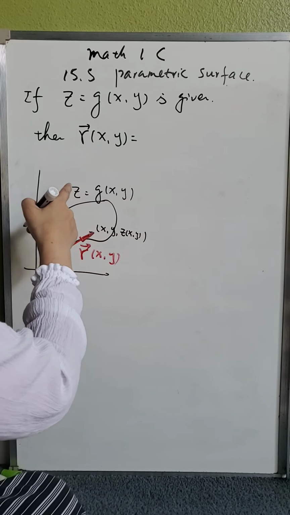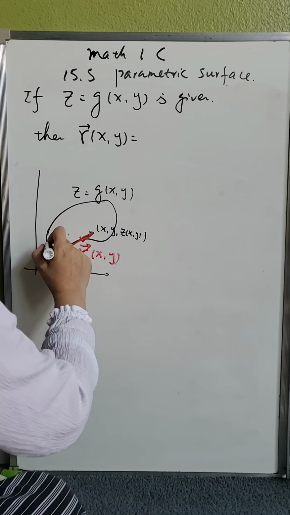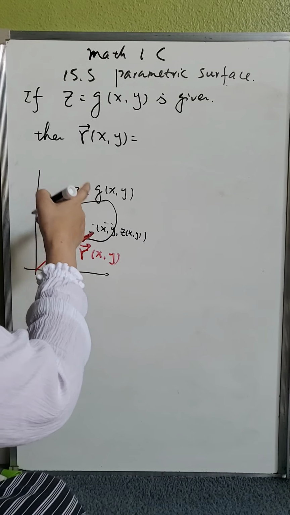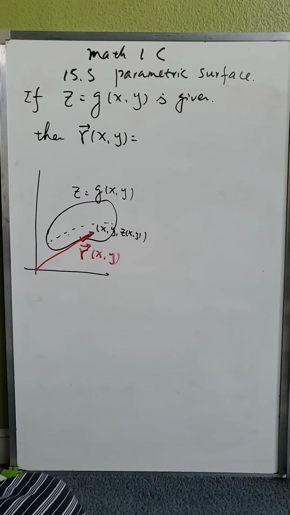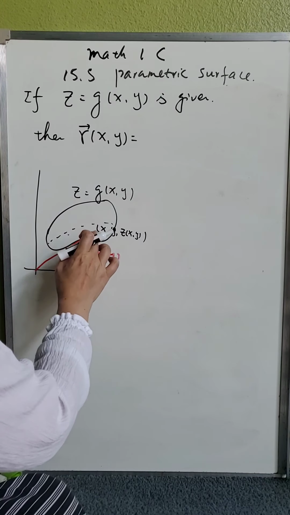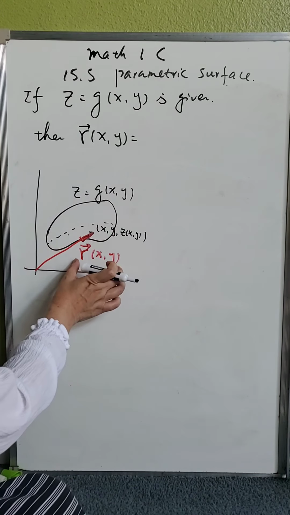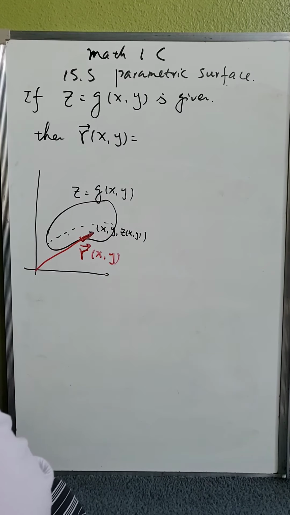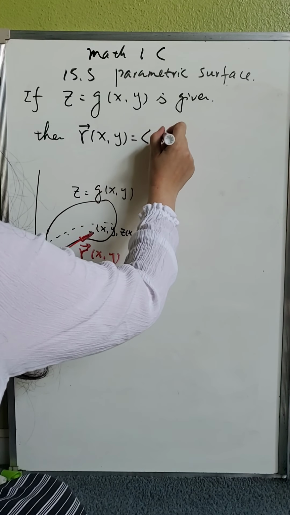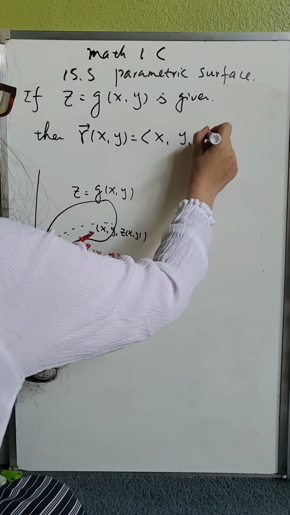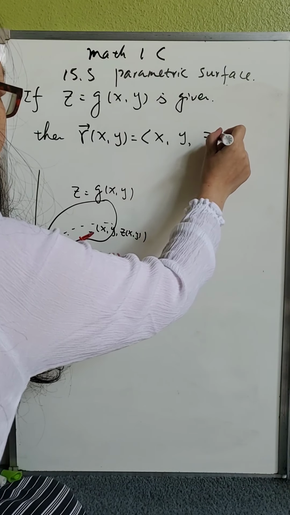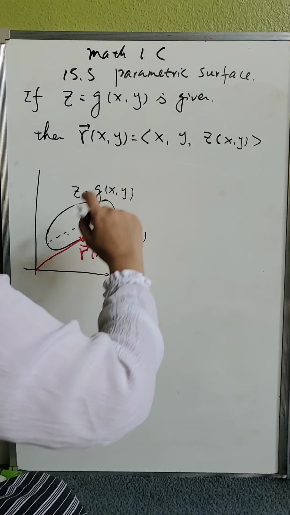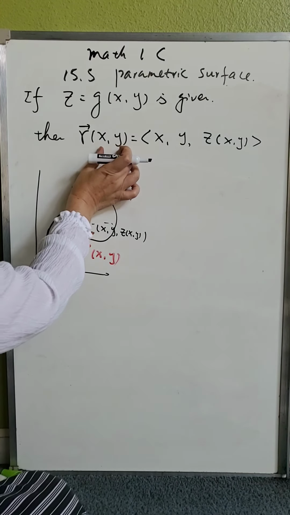If the surface function is given to you, you do not need the UV plane to transform. You just go ahead and get the point, draw your vector, find the parametric form for this vector, and you're done. The parametric form for this vector will be x, y, and z, everything converted to x, y only, because you can only have x and y in your function.